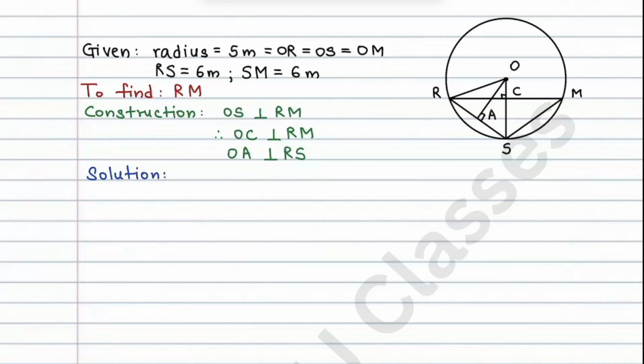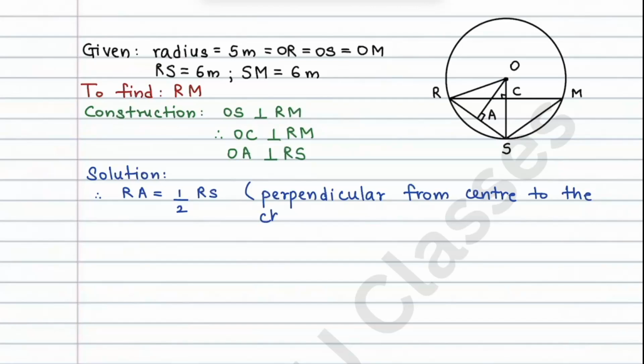Therefore, we can write RA is equal to half of RS. Always write the reason. Perpendicular from center to the chord bisects the chord.